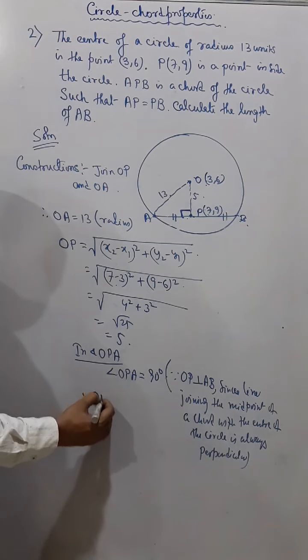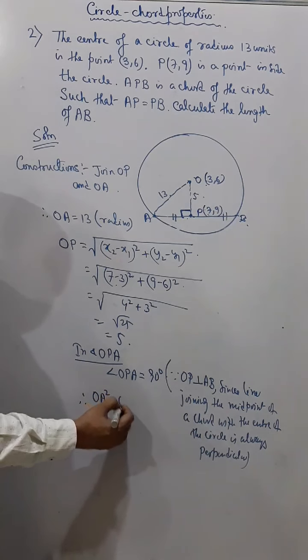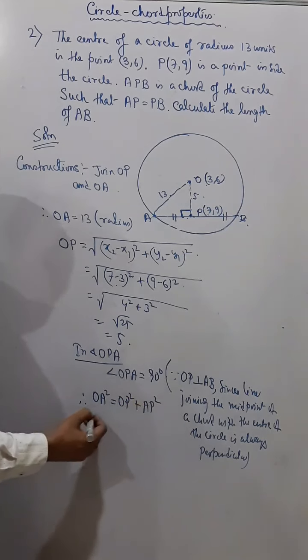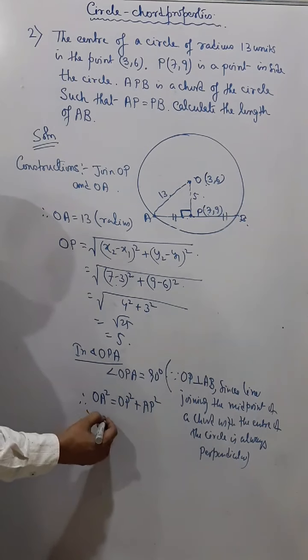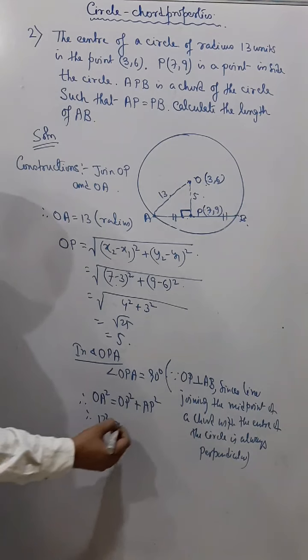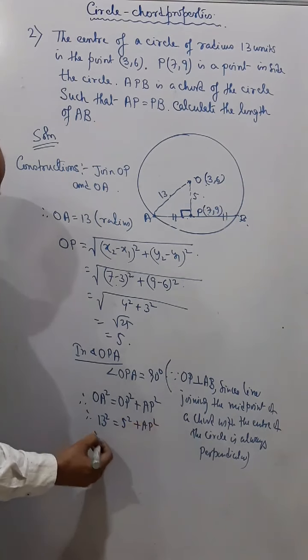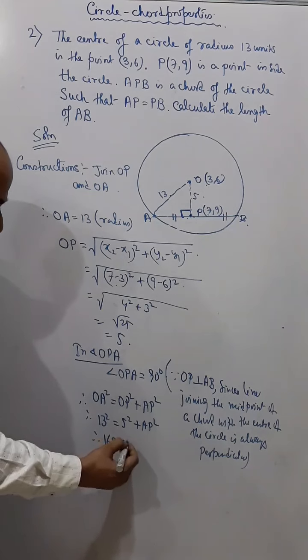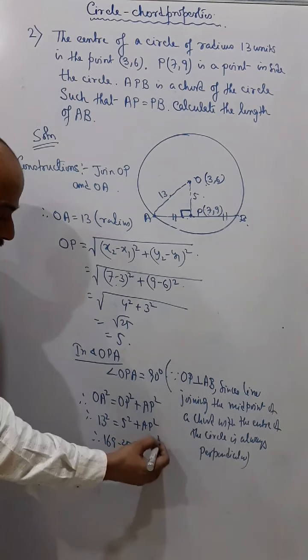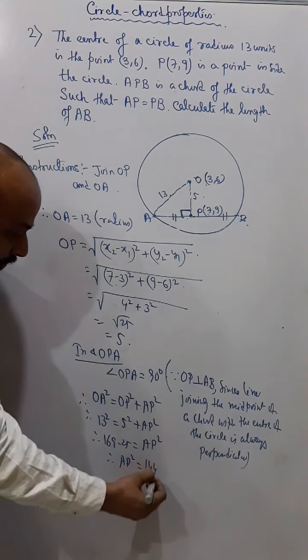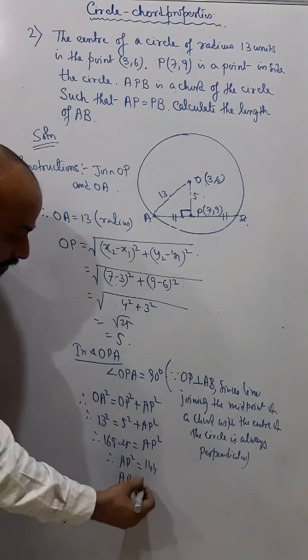Therefore OA square is equal to OP square plus AP square. Now OA, that is 13 square, OP is 5 square plus AP square. So you get 169 minus 25 as AP square. We got AP square as 144, and we got AP as 12.